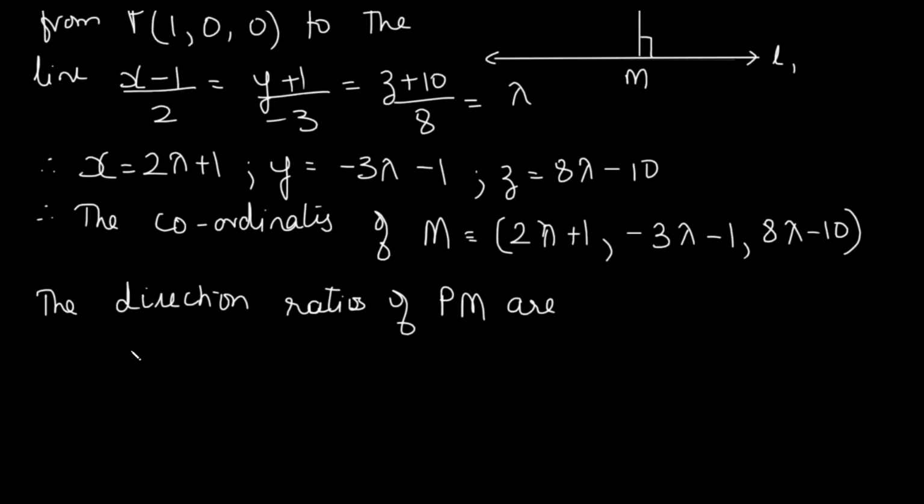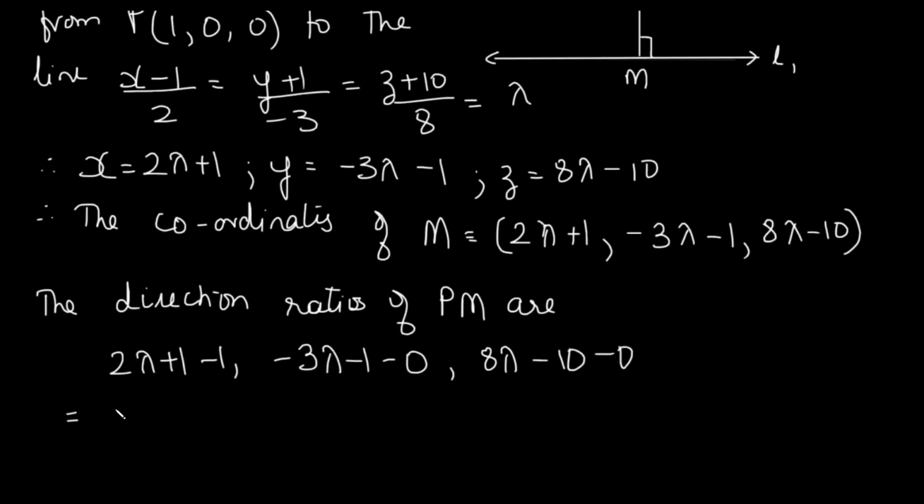The coordinates of P are 1, 0, 0. So the direction ratios of PM are 2 lambda plus 1 minus 1, minus 3 lambda minus 1 minus 0, and 8 lambda minus 10 minus 0. So this comes out as 2 lambda, minus 3 lambda minus 1, and 8 lambda minus 10. These are the direction ratios of PM.